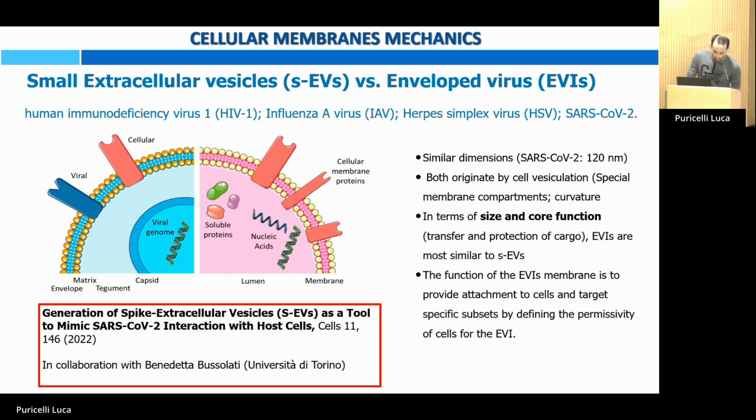And it's also possible, this is already an ongoing collaboration between the University of Turin and our group, to make cells express extracellular vesicles with spike proteins on their outside membrane in order to mimic the enveloped viruses of the SARS-CoV, of course.